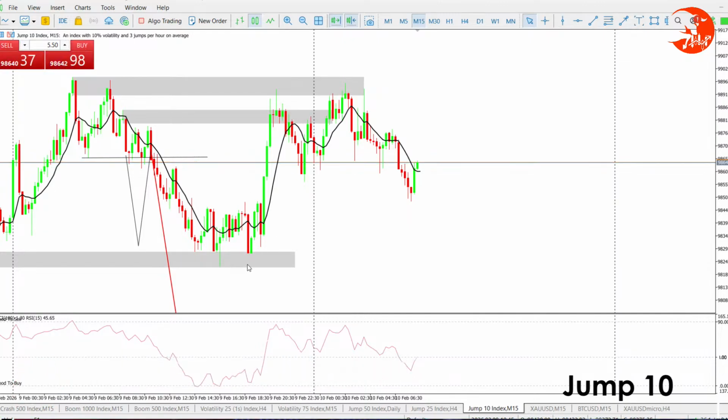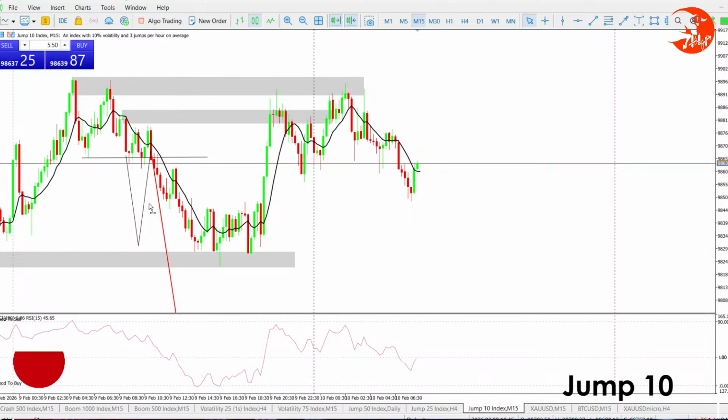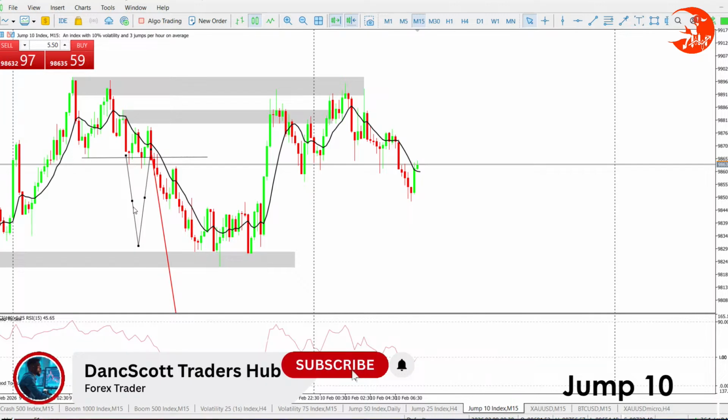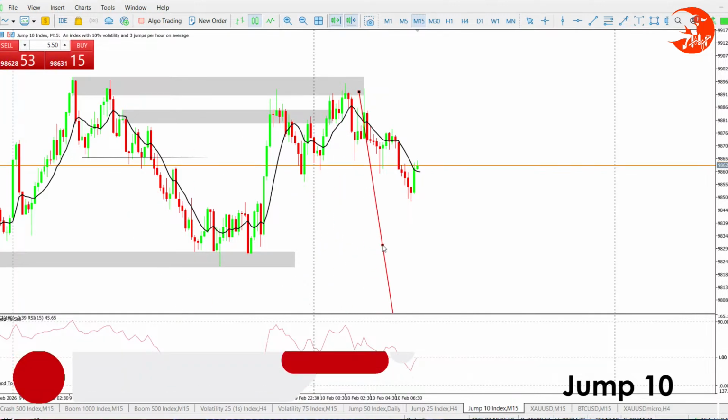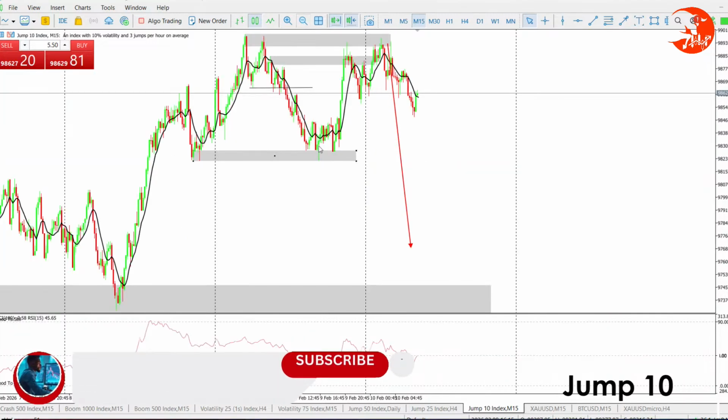Then after moving out, look at what happened. It went back to mitigate that liquidity, but now the sell has started, and this time it is likely to have enough momentum to break this support. So let's look at this support.